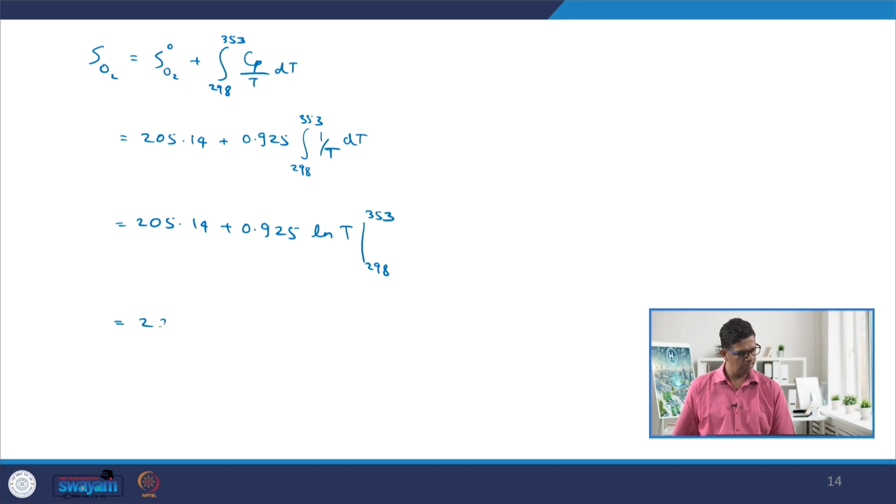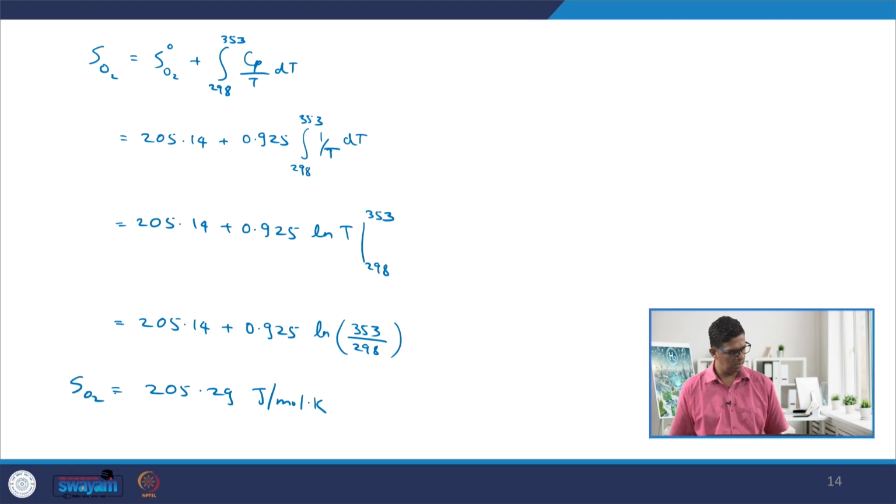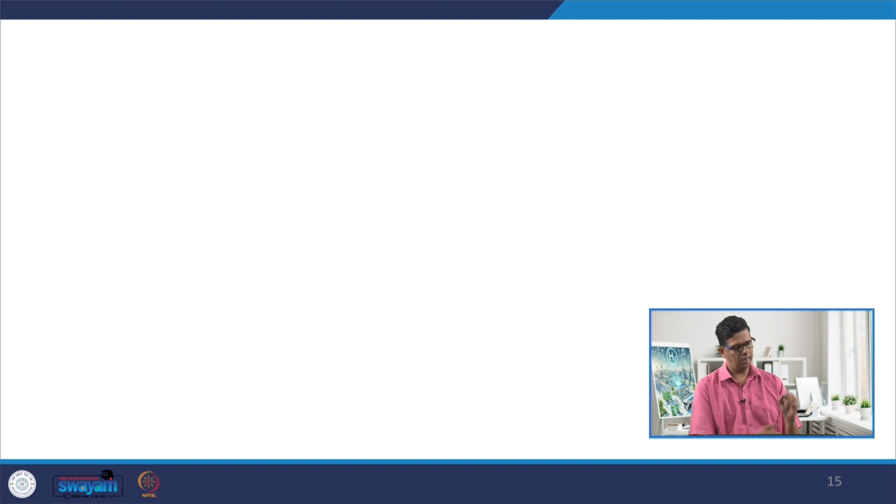If we solve this up, this comes close to 205.29 joules per mole per Kelvin. So this is entropy of oxygen. Let us go ahead and find out the entropy of hydrogen.